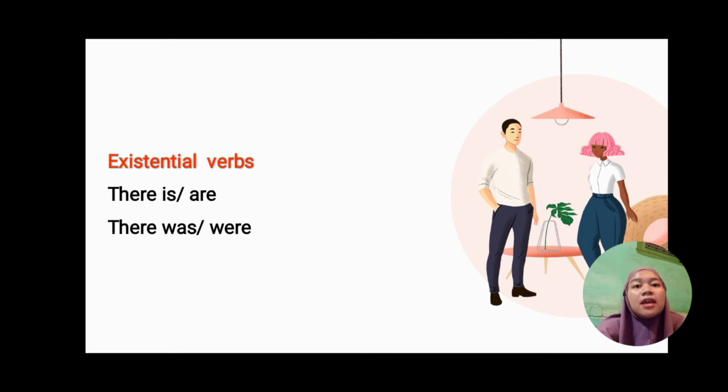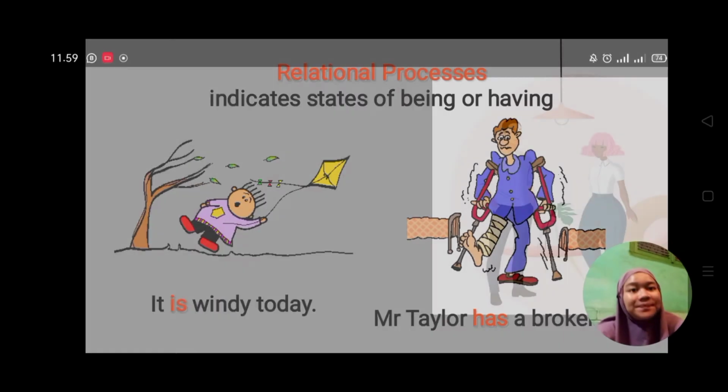An existential verb in English grammar can be used with existential there, for example, there is, there are, there was, there has been, etc. It is also possible to use exist in a sentence like there exists, there existed, there have existed, etc.